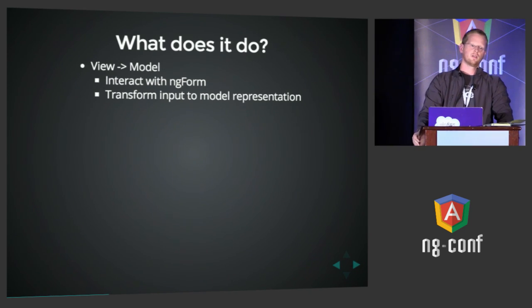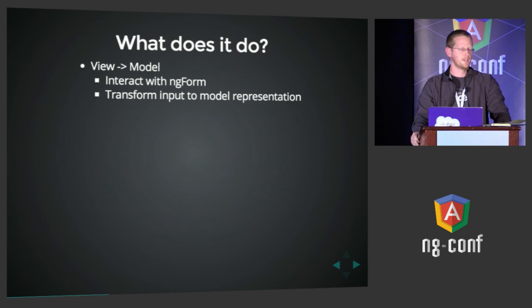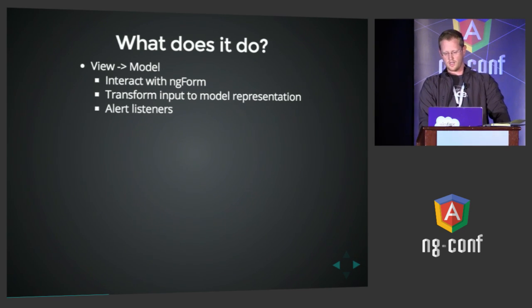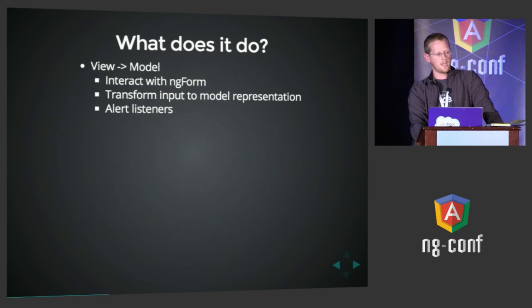With a directive like, say, a radio button or a date picker, your input might be something like a user click. So you need to translate that user click into something in the model. So ngModelController handles that. It also sends out alerts to listeners. ng-change would be an example. It will alert ng-change that your view value has changed.